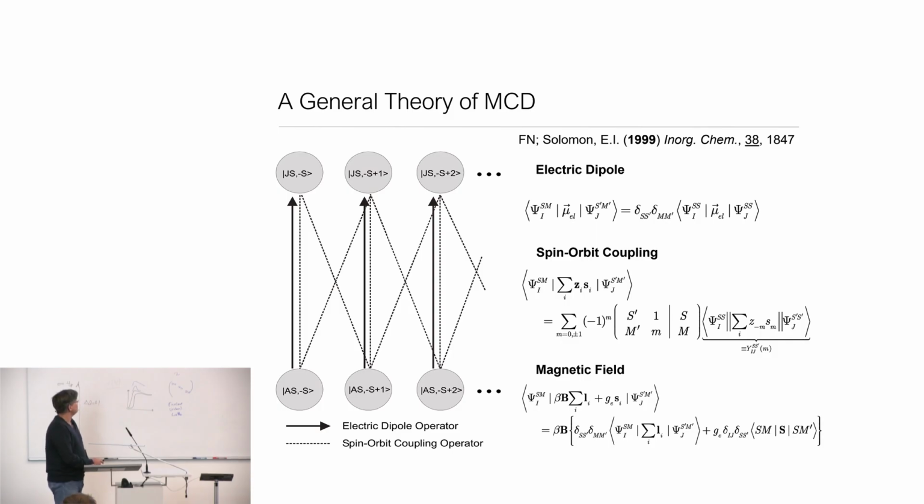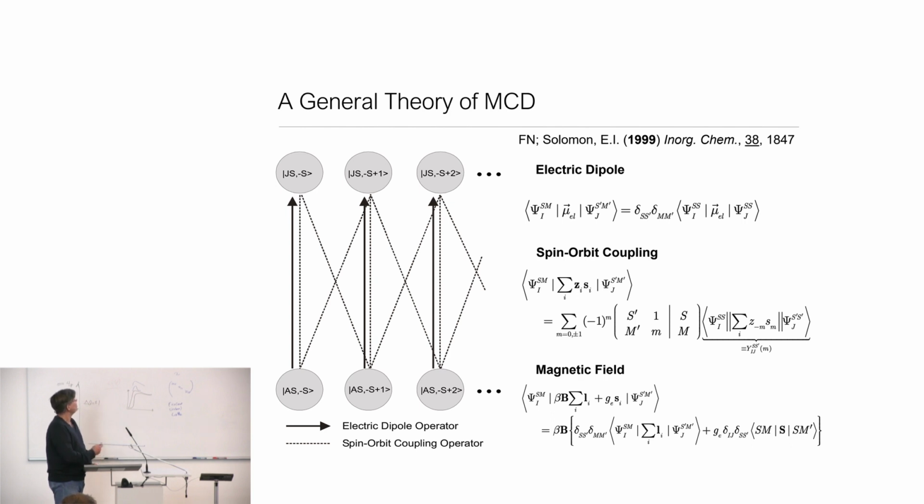Now you have the selection rules of the electric dipole operator and the selection rules of the spin-orbit coupling operator. Here are the magnetic sublevels of the ground state, and here you have the magnetic sublevels of the excited state. In terms of the electric dipole operator, your selection rule is delta M sub s equals 0, so in order to have a non-zero value, you have to have the same magnetic quantum number.